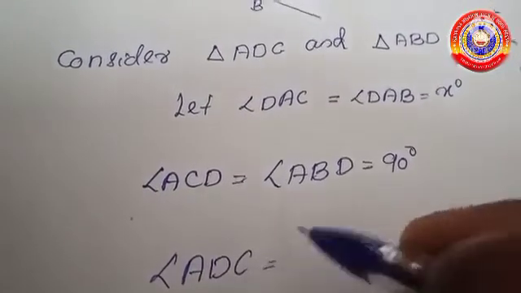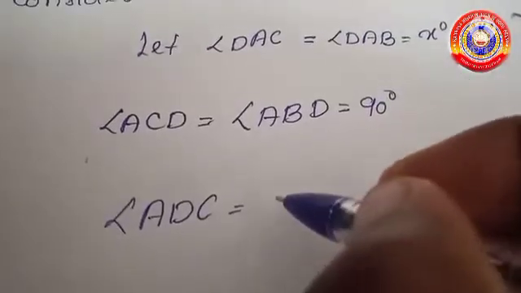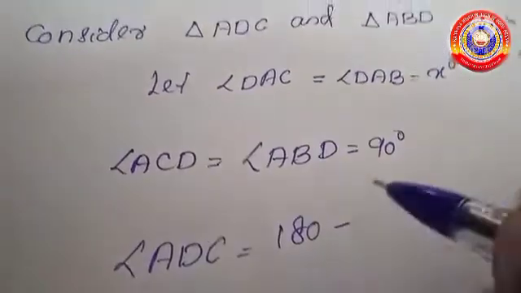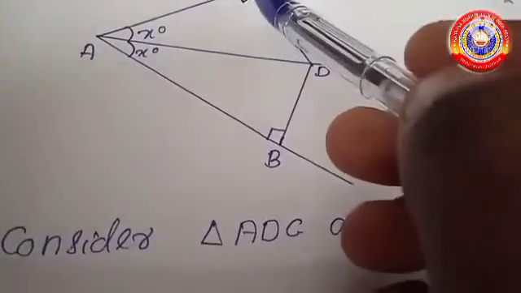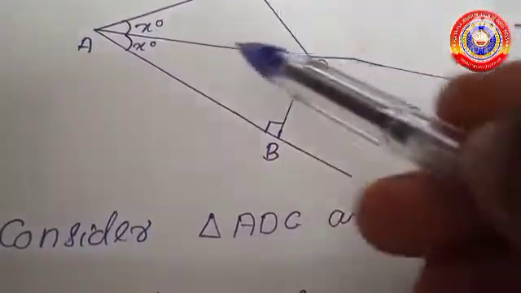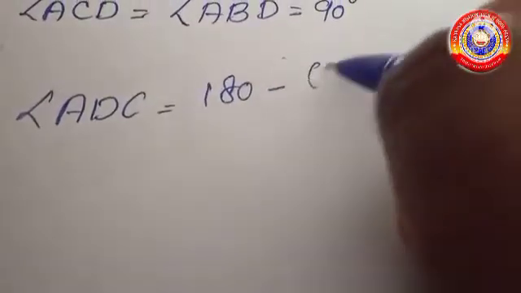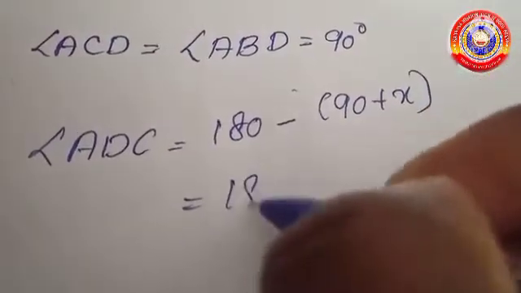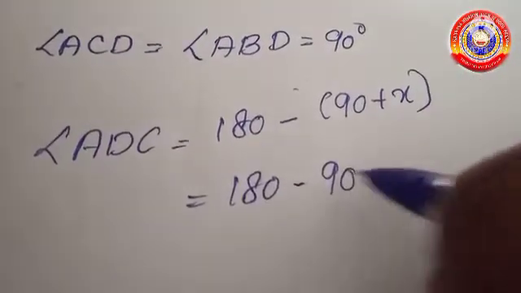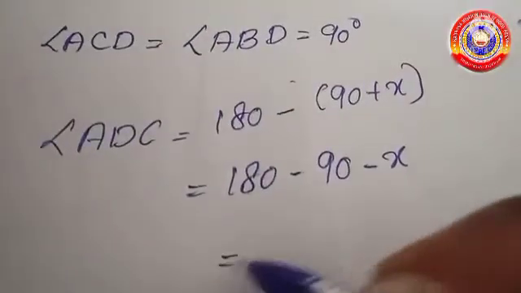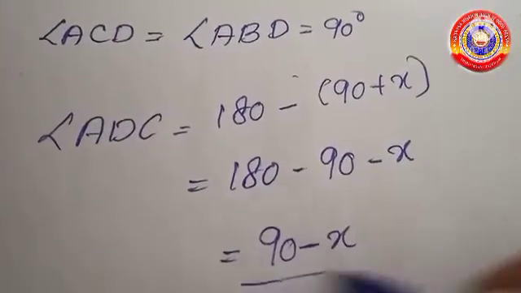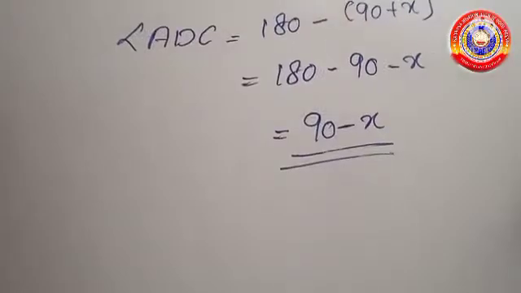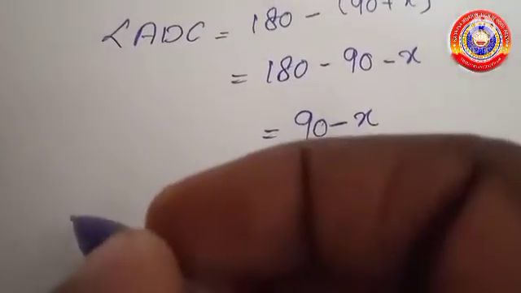Angle ADC equals 180 minus (90 plus x), which is equal to 180 minus 90 minus x, which is 90 minus x. So angle ADC equals 90 minus x.